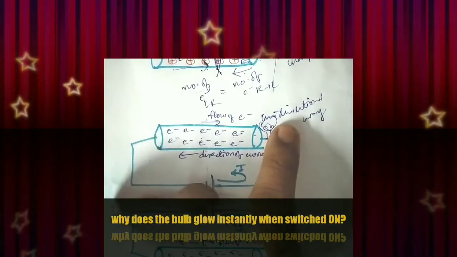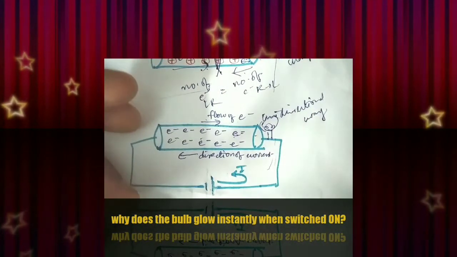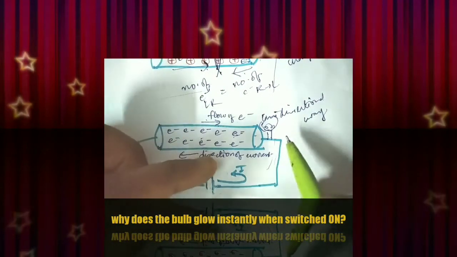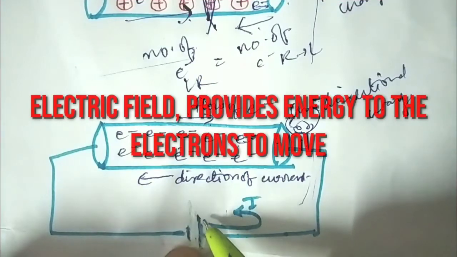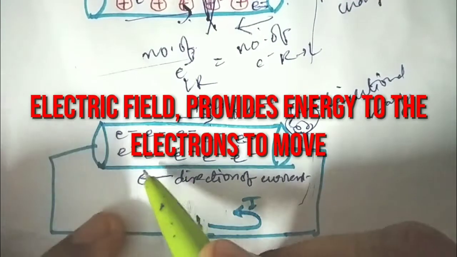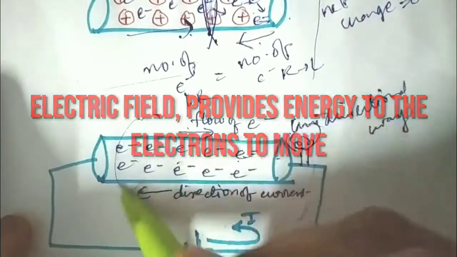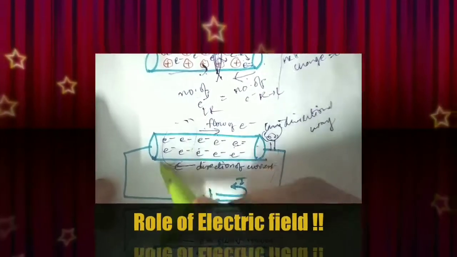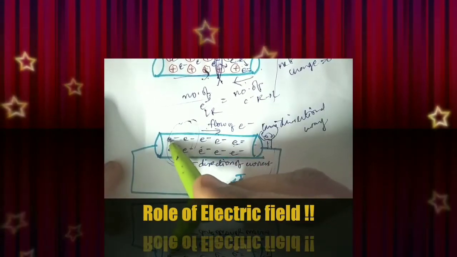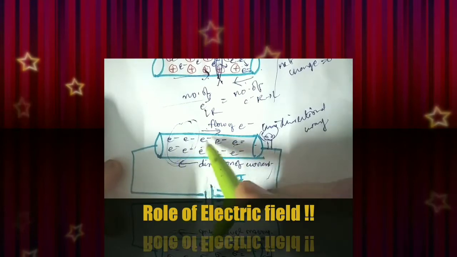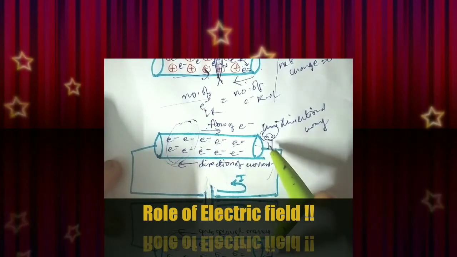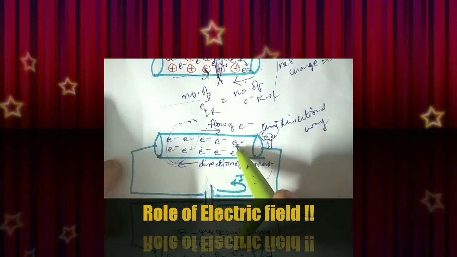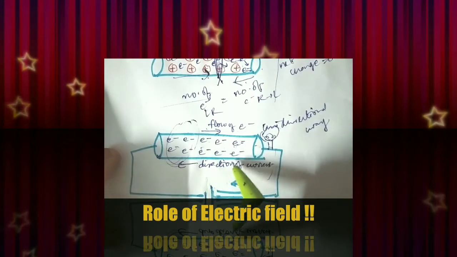Whenever I connect a battery to the conductor, an electric field is produced across the conductor. This electric field provides energy to the electrons, and they start moving in one direction. These flowing free electrons are nothing but the current.